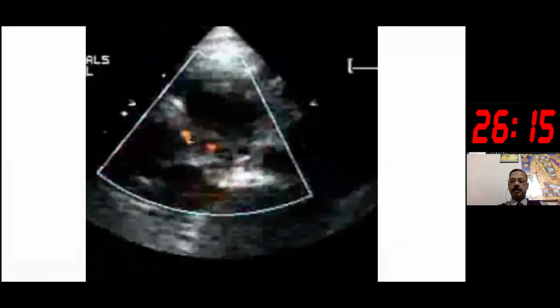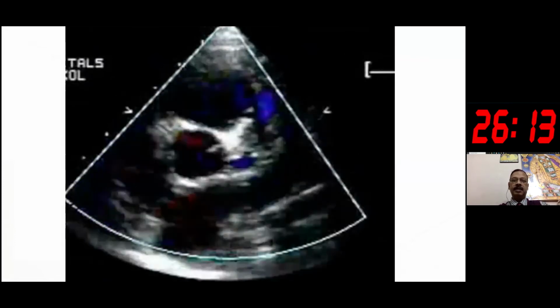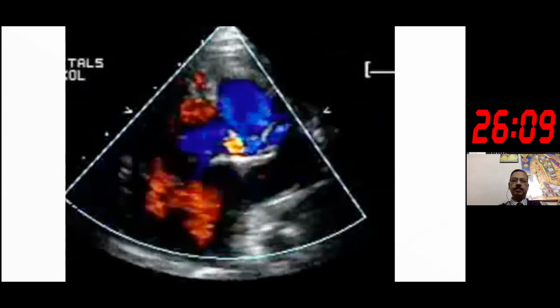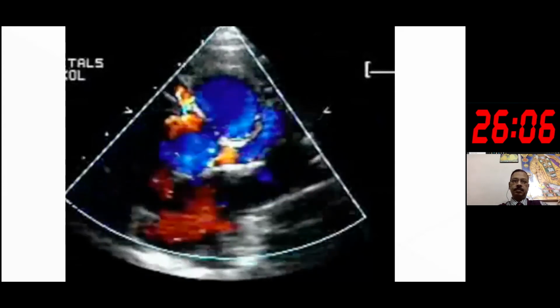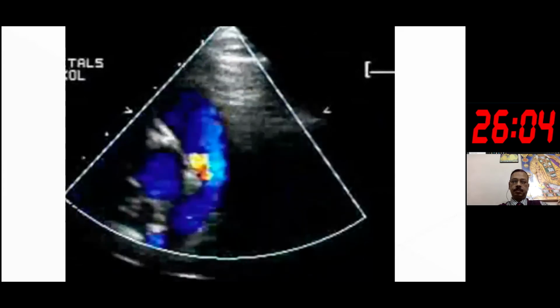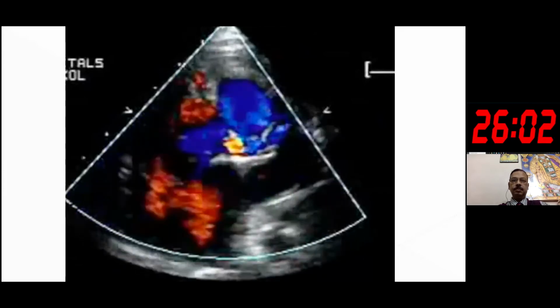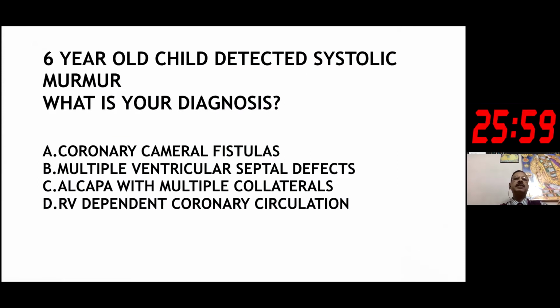The parasternal long axis view, and this is the parasternal short axis view. Well, these are the options. This is a 6-year-old child with a detected systolic murmur. What is your diagnosis? A voting window is on.